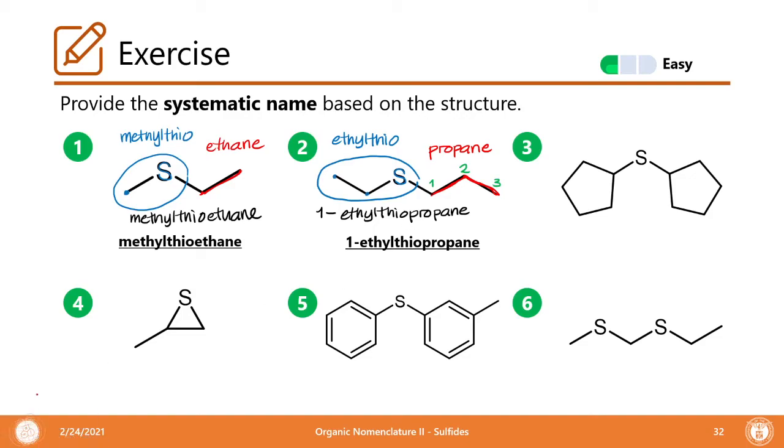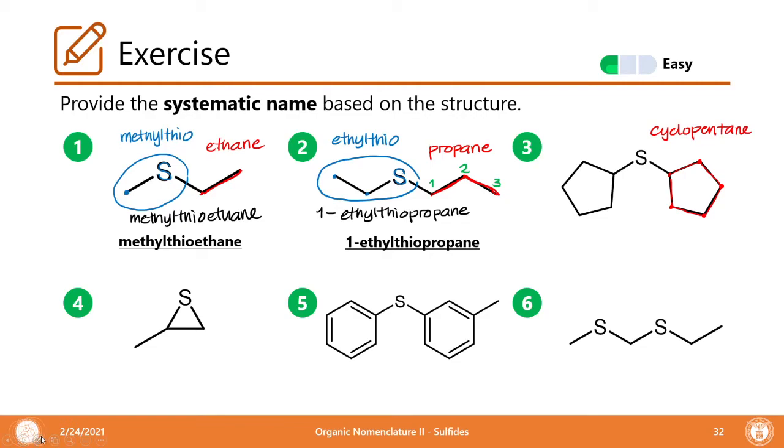Let's go to the next. Here we have 2 equal alkyl groups, so this is a symmetric sulfide, and we have 1, 2, 3, 4, 5 carbons, cyclopentane.